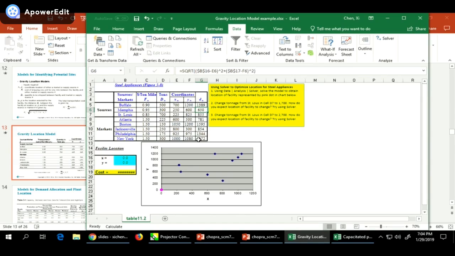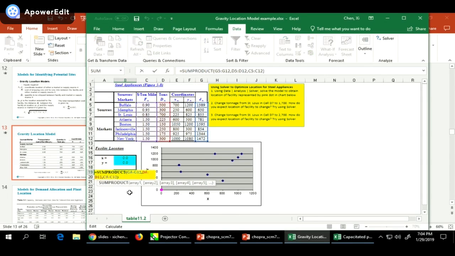Same for all the demand and supply sources. The total cost is the sum product of Fn, Dn, and small dn.